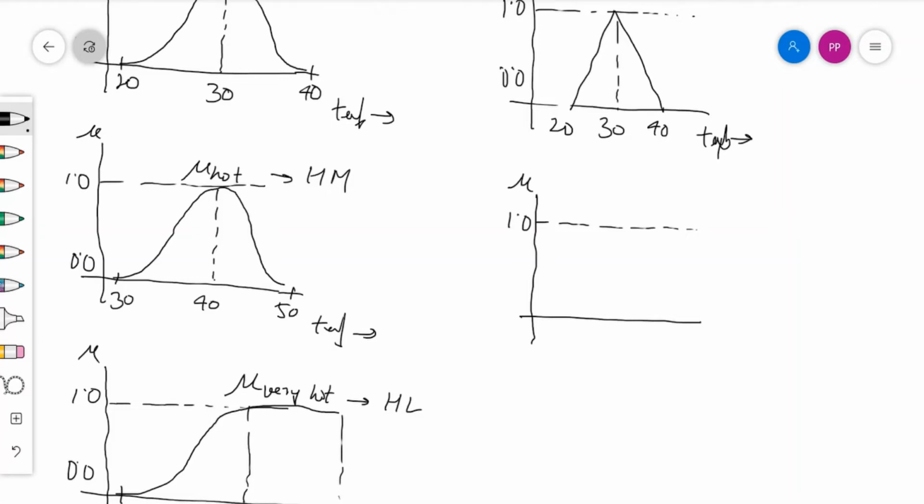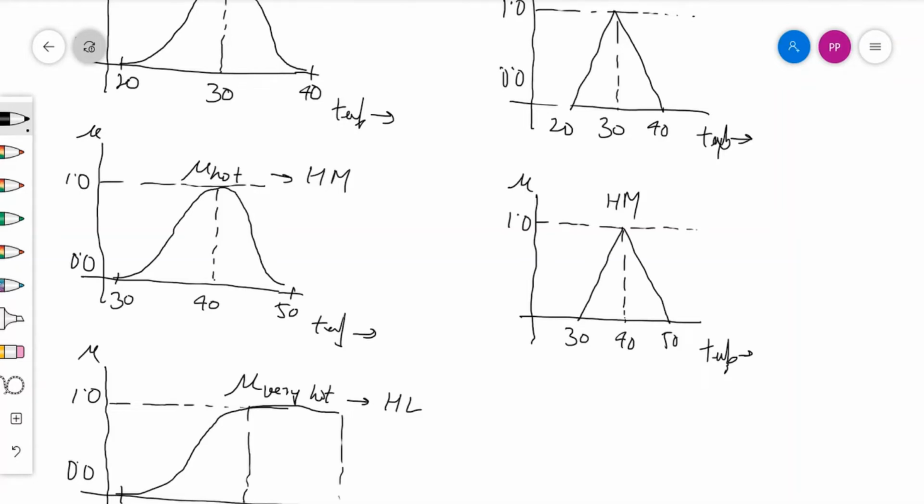So you draw a triangle over here. This is the temperature range from 30 degrees Celsius to 50 degrees Celsius. Here it is temperature hot and medium. So we have the temperature axis along the x-axis.